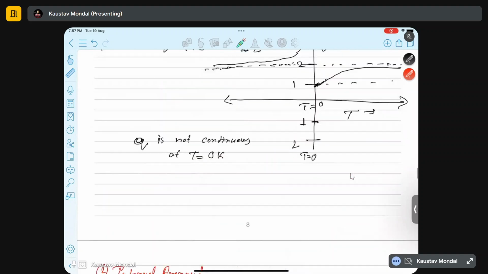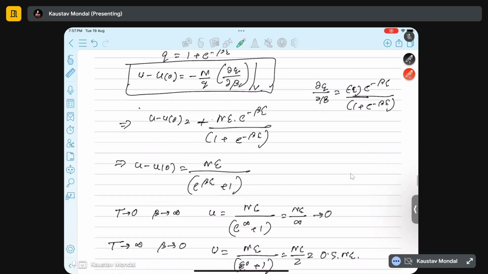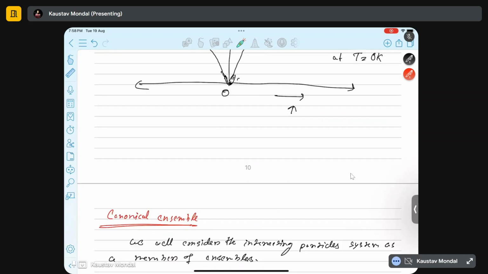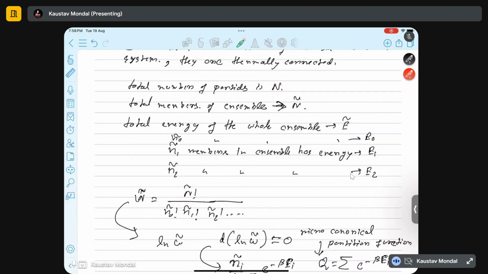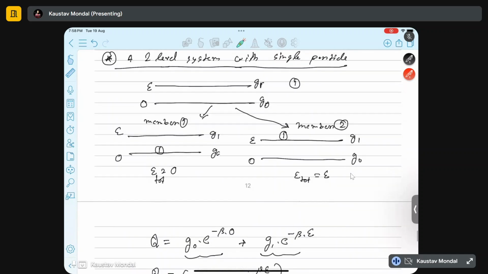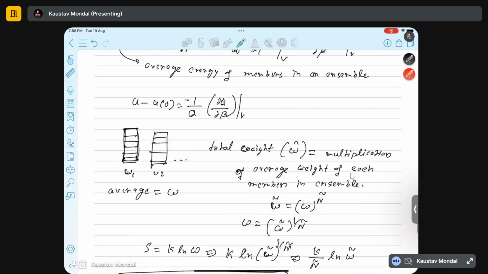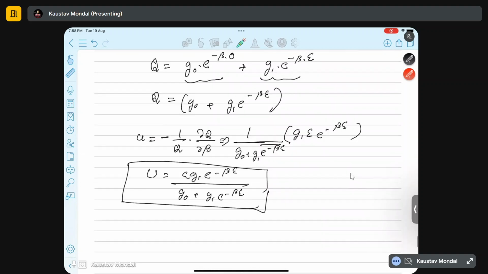From there we calculated what happens to thermodynamic quantities when in contact with negative temperature, both positive and negative extremum cases. And at last we discussed the concept of the canonical partition function and different thermodynamic quantities for a canonical partition function, and we checked this through an example problem.